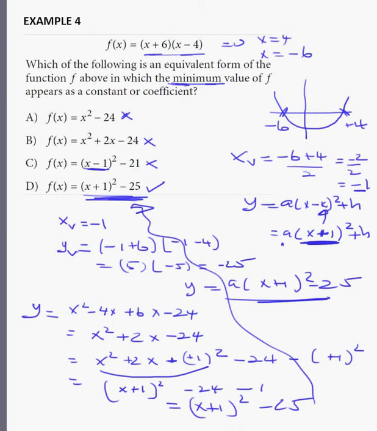And so that is how you solve this very simple equation to provide a vertex form, which shows that the minimum point occurs at x equal to negative 1, and y will be at negative 25. So it's going to be this point here. If I draw this, it's going to be something like this right here. So my vertex, this is negative 1, and this will be negative 25, something like that.